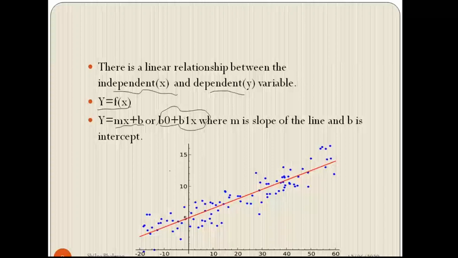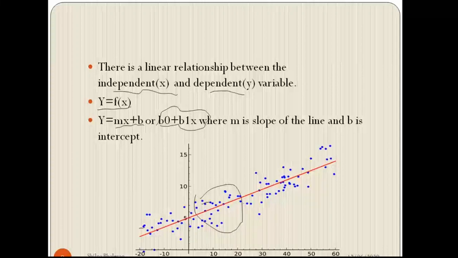We have some data where, for each value of x, we know the y value. This is the data set we have.